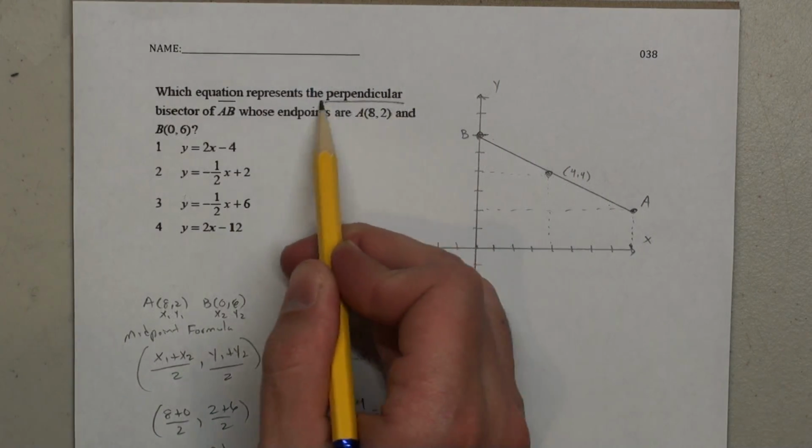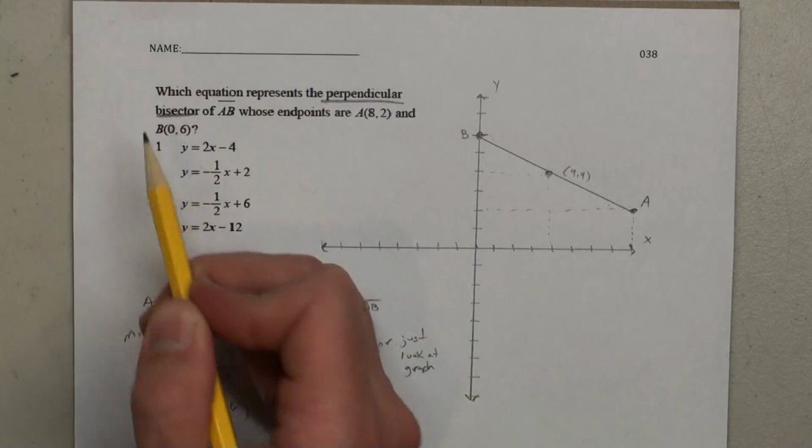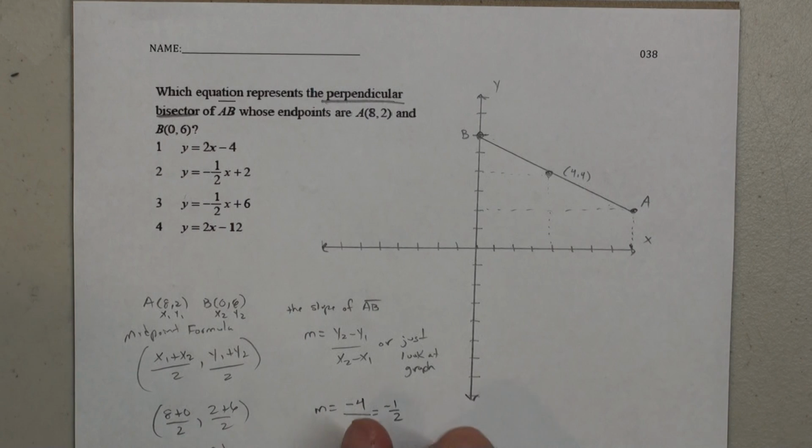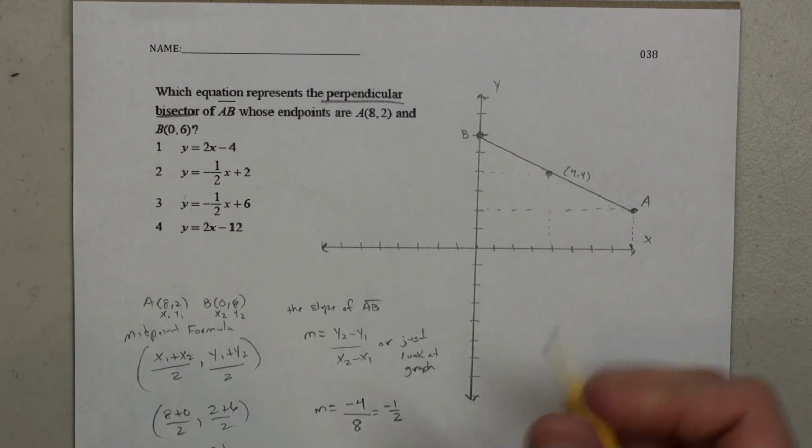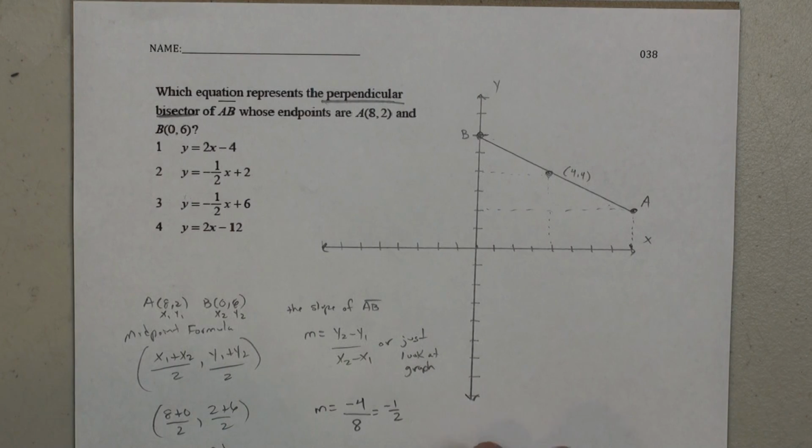Now for a perpendicular bisector, I have to take the negative reciprocal of the slope. The negative reciprocal of negative 1/2 is 2, which is 2 over 1.